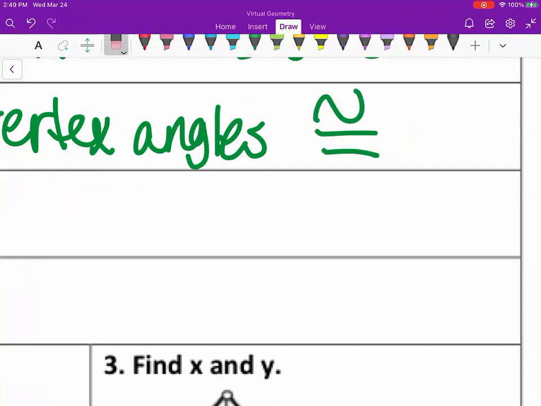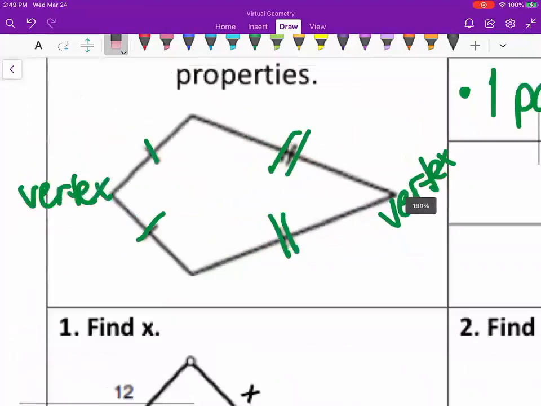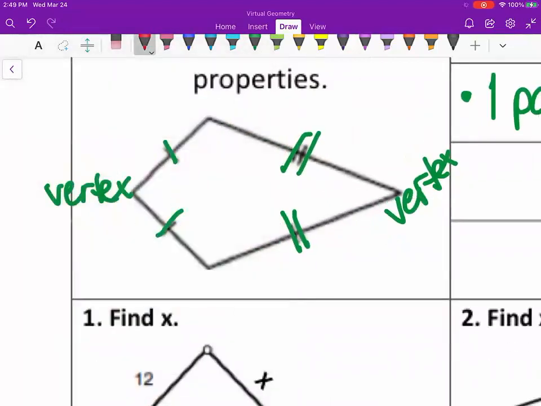So let's see where those are in relation to our kite. We've already labeled where our vertex angles are, so the other two angles inside here are the congruent pair. These are our non-vertex angles.